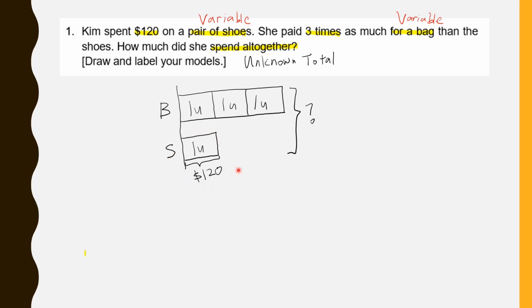This is a comparison model, so one variable is given, which is 1 unit equals 120. So you have to write this down: 1 unit equals $120. Now, to find the unknown total, that's 4 units. So that is 120 times 4. You can do mental sum, then you get 480.